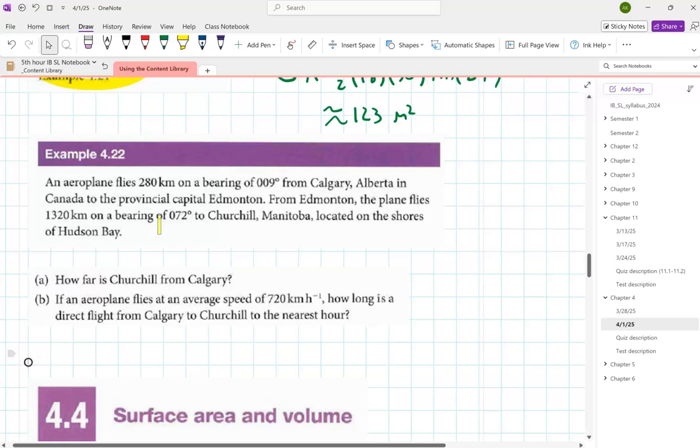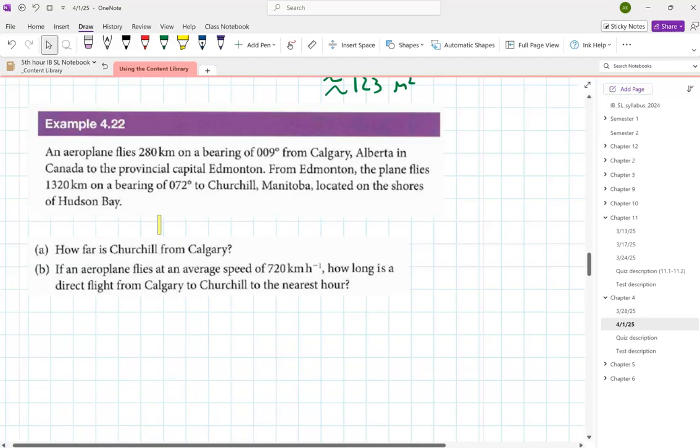You guys remember these bearing problems from trigonometry? Oh no. It says an aeroplane. We're still in Britain apparently, flying our aeroplanes instead of airplanes.